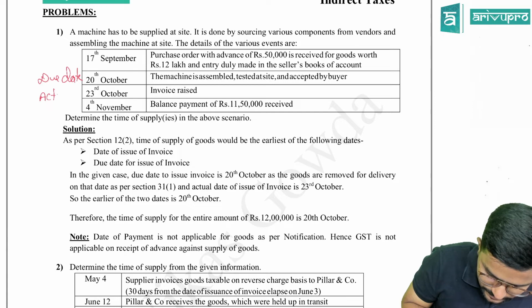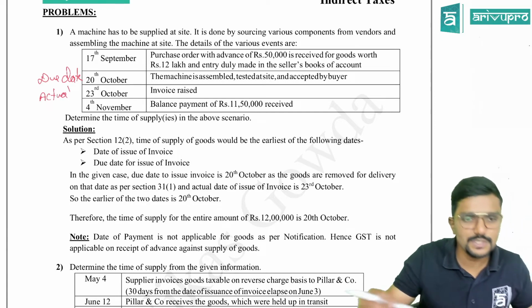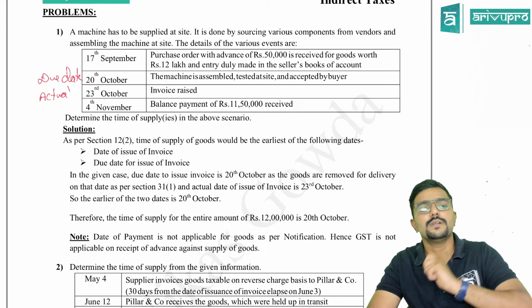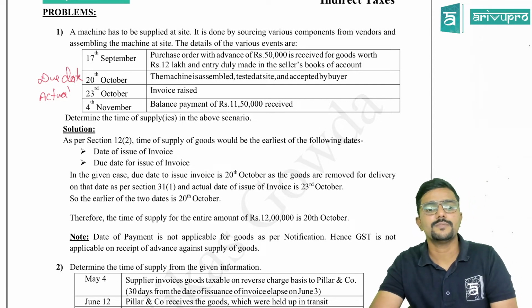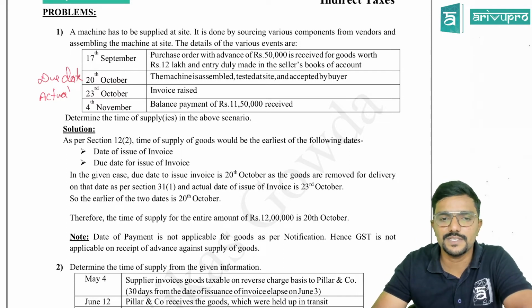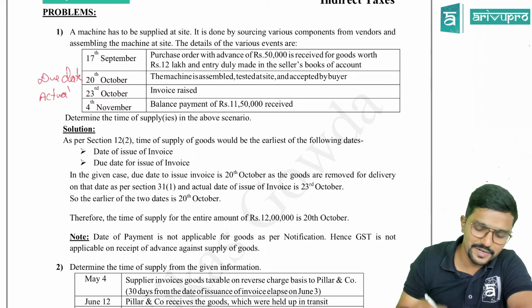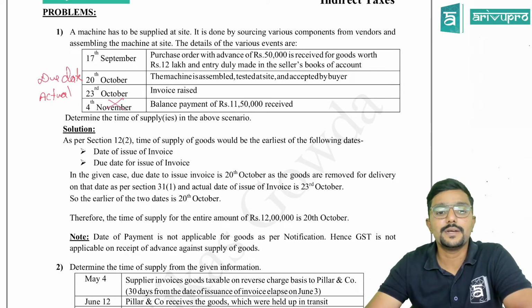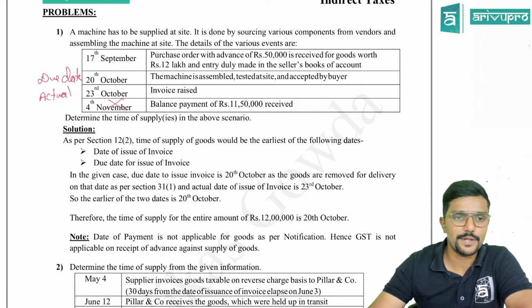That is the actual date. Next, 4th November: balance payment of 11 lakh 50,000 is received. Does it matter? No. Payment date will not matter at all. Determine the time of supply in the above scenario.